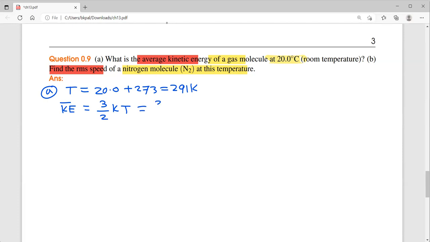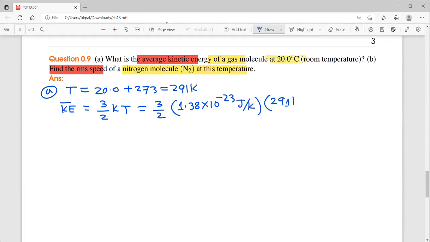The Boltzmann constant is 1.38 times 10 to the power minus 23 joule per Kelvin, and the absolute temperature is 291 Kelvin. So it is basically this.